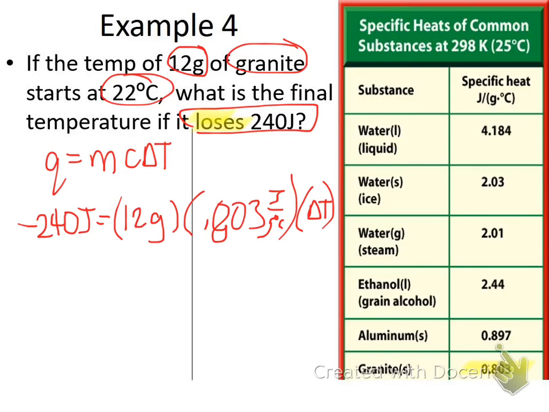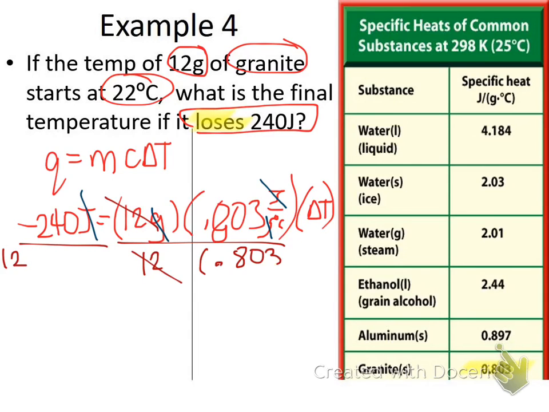So, there's a couple of things we can do to cancel our units. Go ahead and do that now. Joules can be canceled on both sides, as well as grams, which should leave degrees Celsius as my final unit. So to solve for delta T, we're going to go ahead and isolate the variable here, and we're going to divide both sides by 12, and we'll also divide both sides by 0.803.